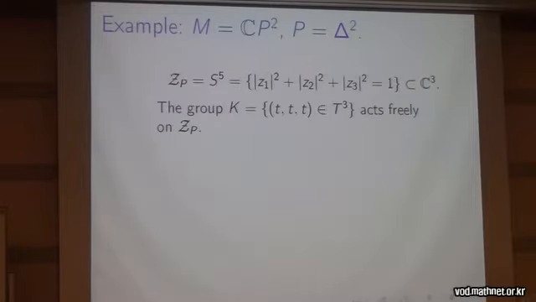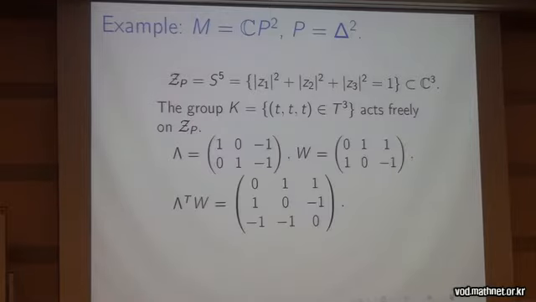Well, let's take the projective plane. Here ZP is S5. The group K is again a diagonal subgroup, so this is simpler. But the matrices are more complicated. Here they are. The columns of lambda are one-dimensional cones.